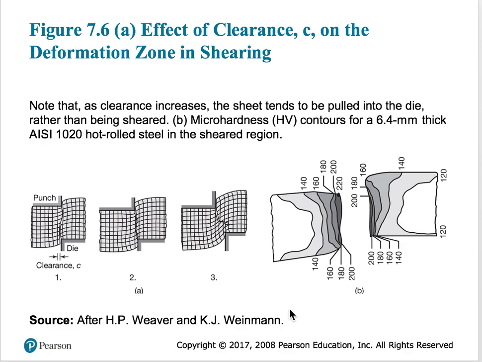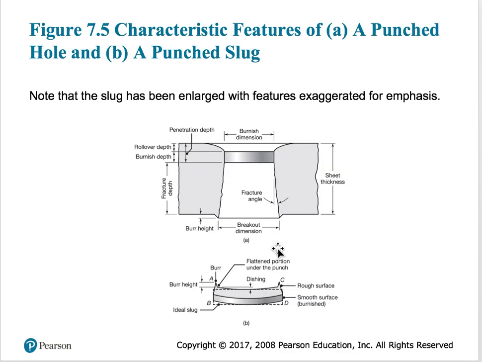The smooth edge is called the burnished surface. So you can see this one: you have some smooth surface and also very rough surface. You're going to have some small area that is smooth and some area that is not that smooth.